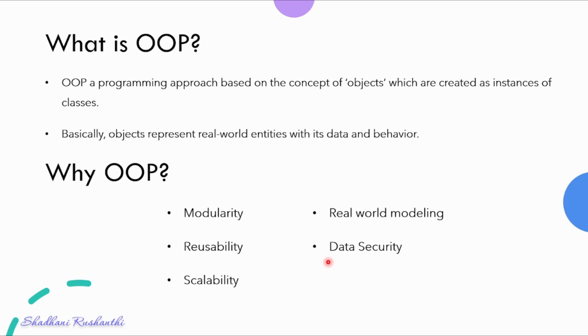We can secure our data in our application because of features like access modifiers and encapsulation. Other than this, there are several more advantages, and that's why most programmers use the object-oriented programming concept in their applications.